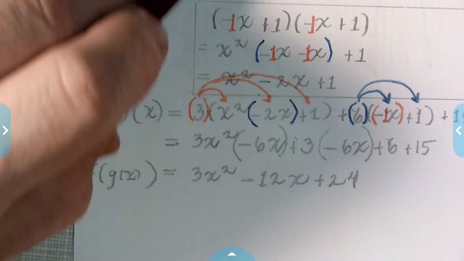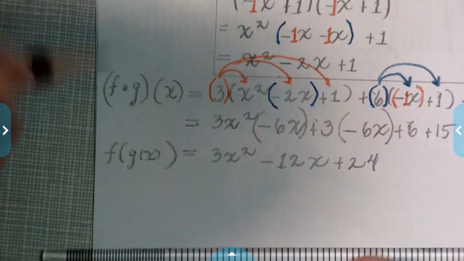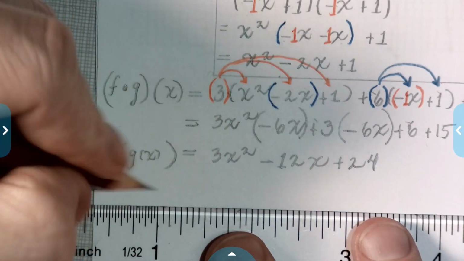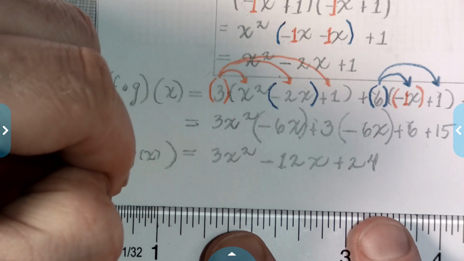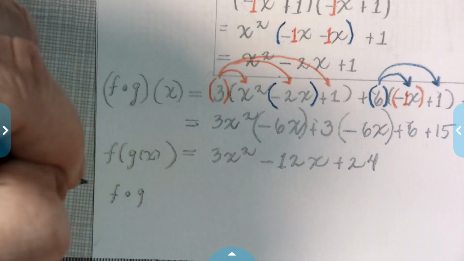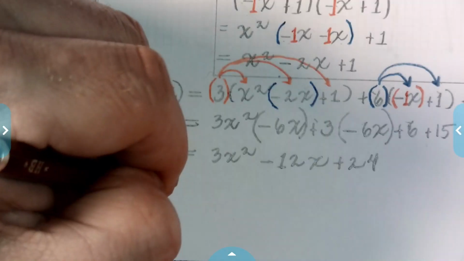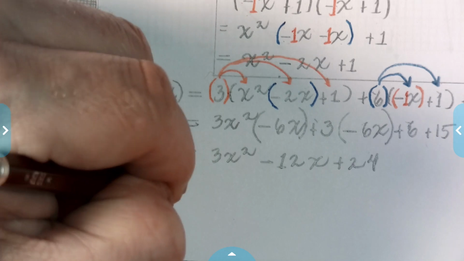And now we're going to evaluate that at 5. Okay. So we'll say f of g, the composition of f and g at 5.